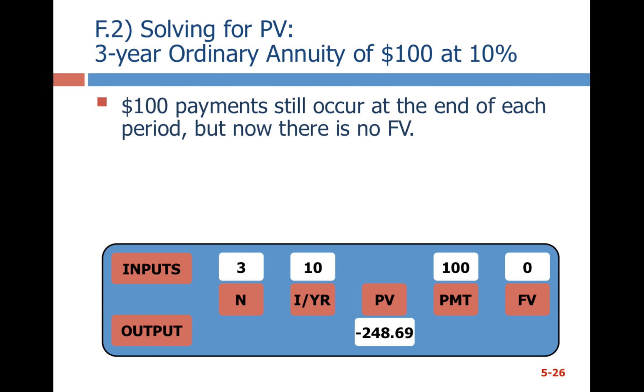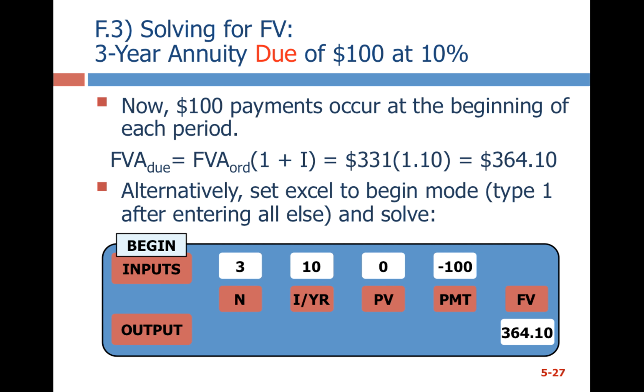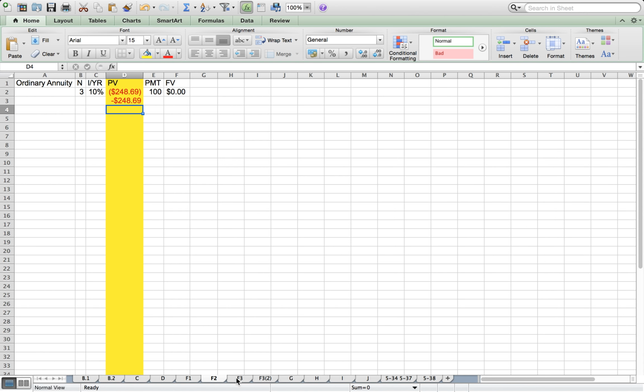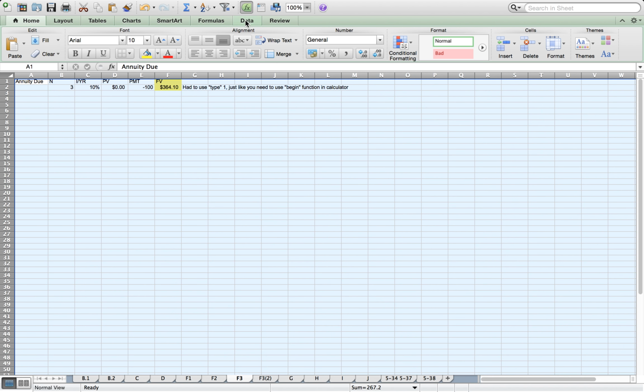Now the next question asks, what would the future and present value be if this was an annuity due? So now $100 payments are going to occur at the beginning of each period. So we set Excel mode to type 1 and solve from there. I already showed you how to do that, but here is how to do it.